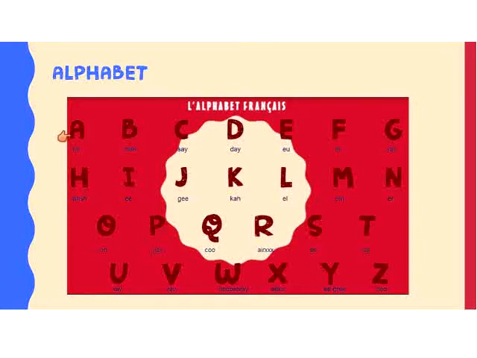So we have A, B, C, D, E, F, G, H, I, J, K, L, M, N, O, P, Q, R, S, T, U, V, W, X, Y, Z.